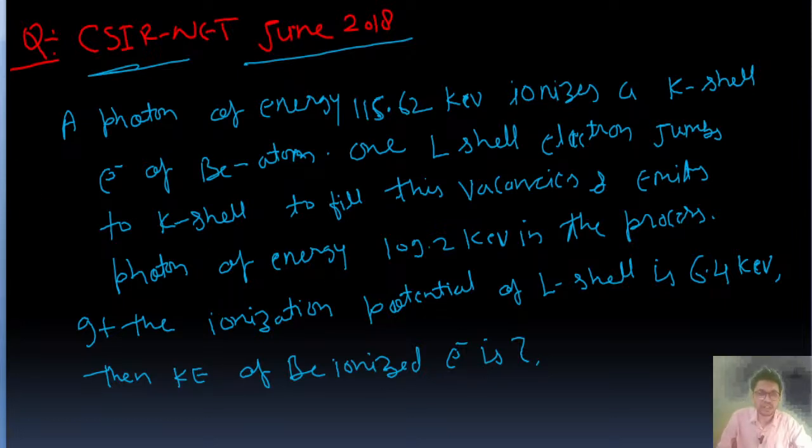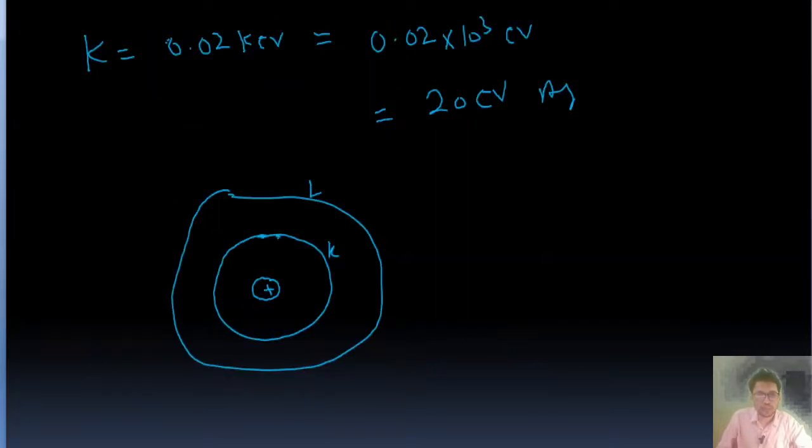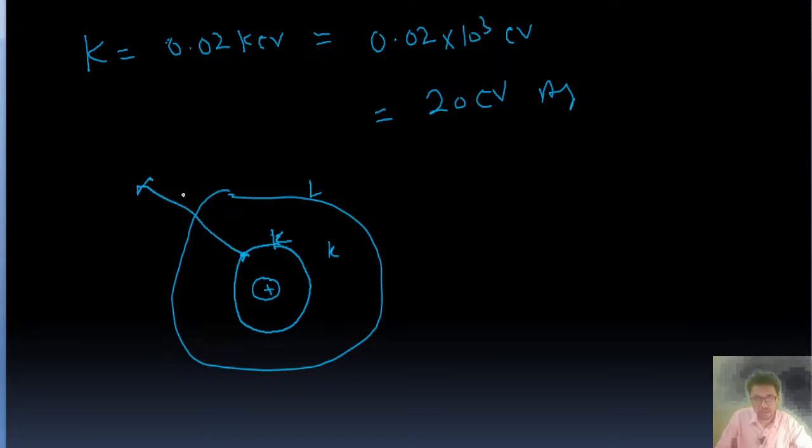So we have been given 115.62 kilo electron volt of energy. One electron from the K shell is ionized, right?